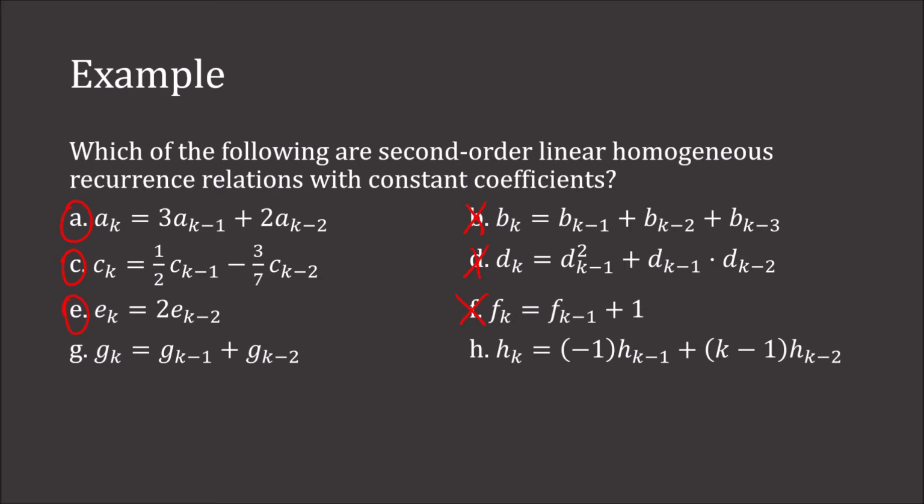We look at G. It's second order. It's linear. It's homogeneous. And constant coefficients. We look at H. It's second order. It's linear. It's homogeneous. But right here it has a non-constant coefficient.